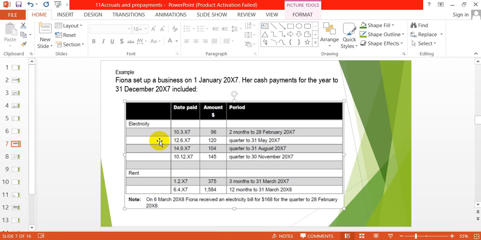So we have 2 months paid for in March, 3 months paid for in June, another 3 months paid for in September, and another 3 months paid for in November. So 3 gives us 9, plus 2 gives us 11.